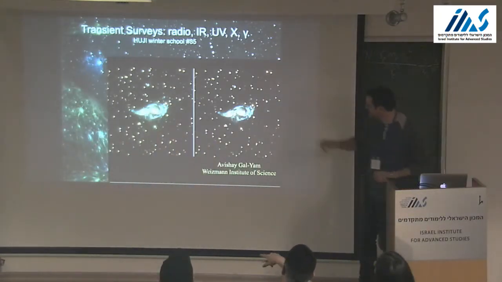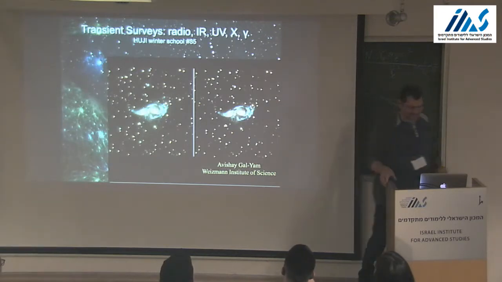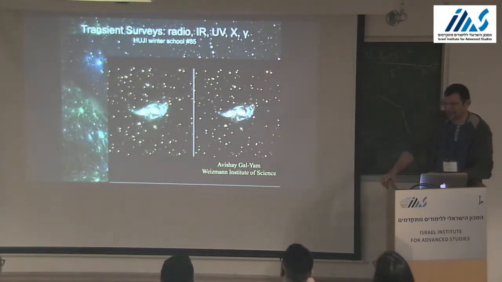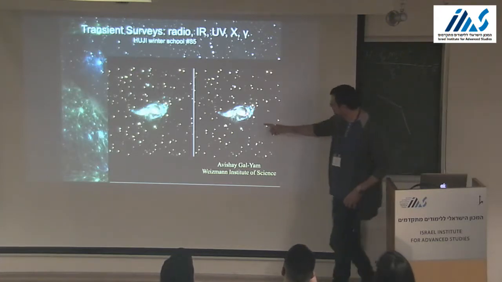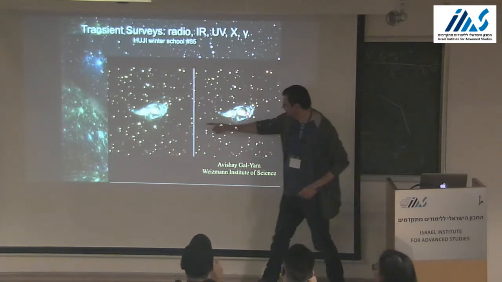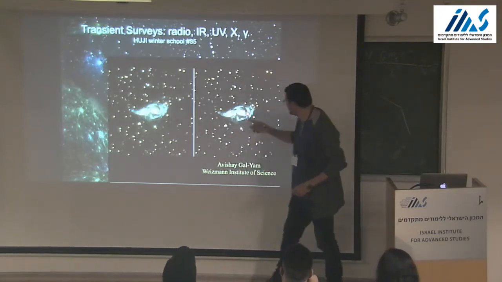Now the hint is, in this image, where the new star is. Which direction from the core? Right. Okay, good. Let's see if it works. Yes, here. So this spot here, you see it's missing here and it's here.